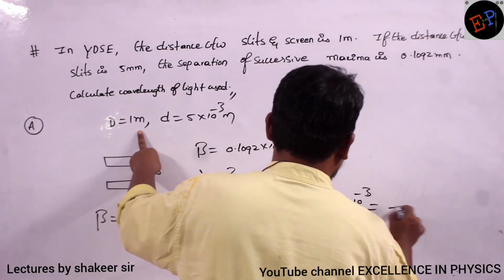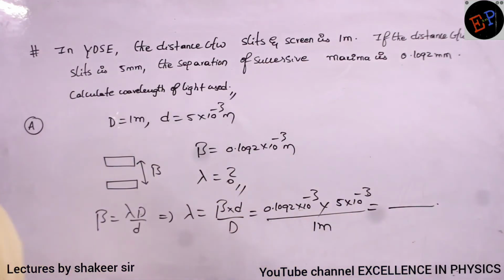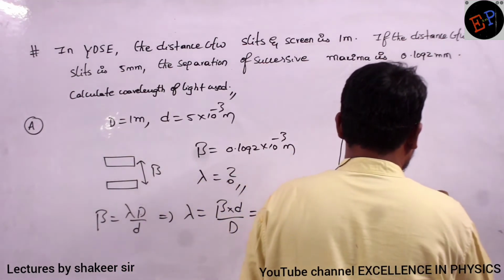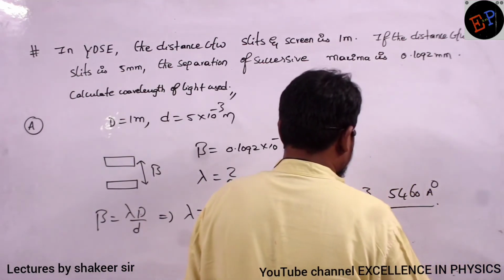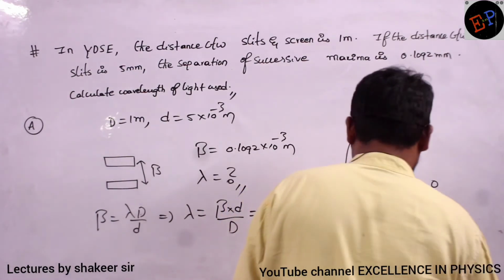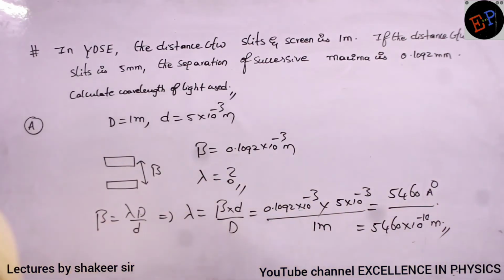Doing this calculation, the answer is 5460 angstrom, or 5460 into 10 power minus 10 meters. That is the wavelength of light used.